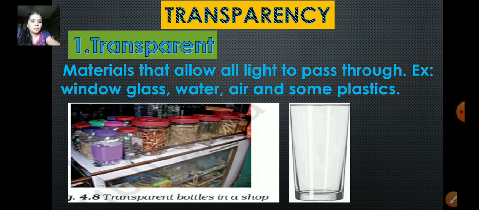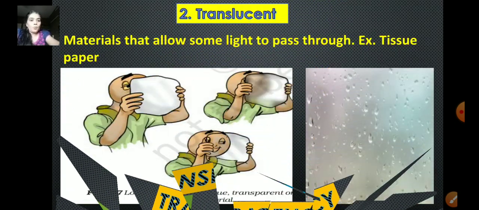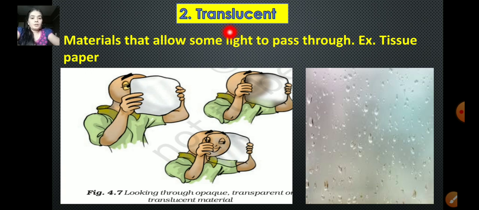Now let us go to translucent. So what is the meaning of translucent? This activity we have already done in our previous chapter, in the food chapter. We had spread some oil on paper, and when we place it in front of the light, we can see through it, right?